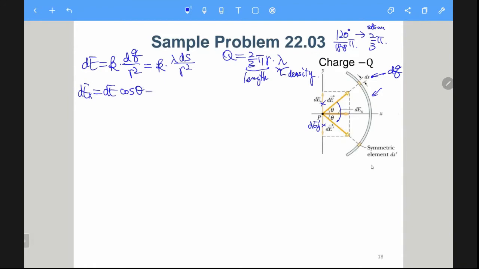So which is nothing but k times lambda ds over r squared cosine theta. So we just move this term here.